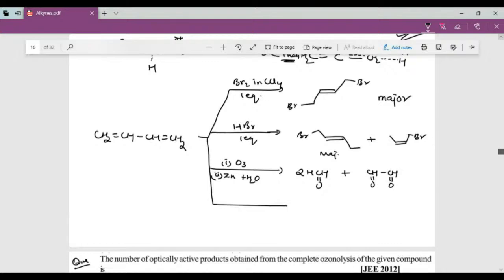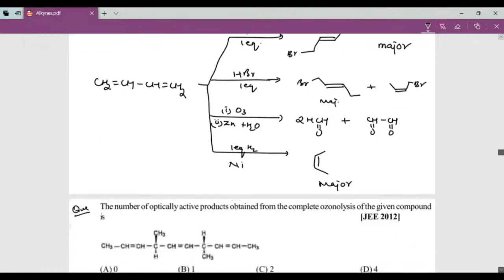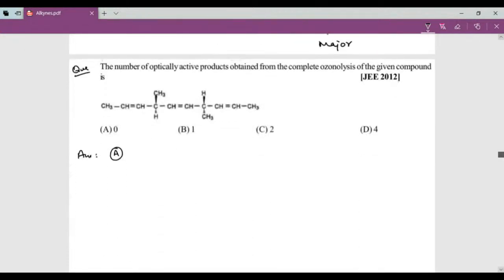When you have 1 equivalent of hydrogen on nickel, then again you will have this as a product. Here, major is cis. Clear? So this was the addition of conjugated dienes.